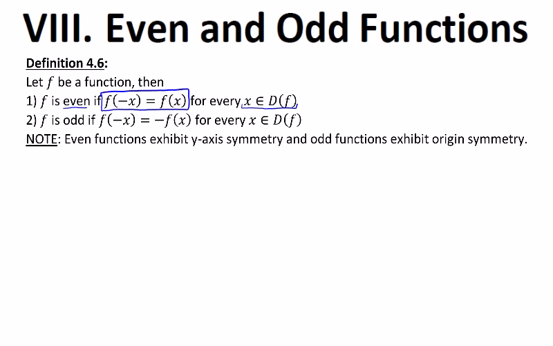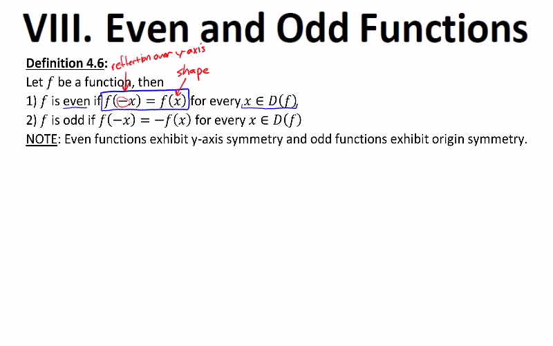So let's talk about this condition. First off, f of x. This is going to be some shape. It could be your basic parent function shape. It could be something that I create for you to look at. Some function that we're analyzing and wanting to put a label on. F of negative x is going to be that very same shape, but according to that -1 multiplier, we should interpret that as a reflection over the y-axis.